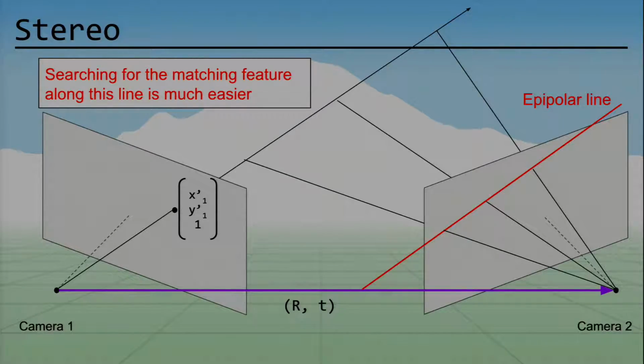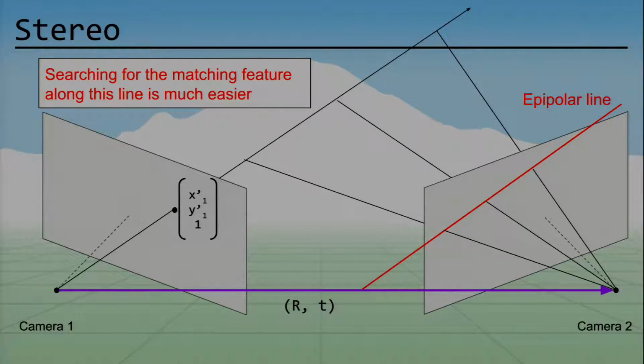One thing we know about this line is that any point along this ray, if we project it on this image plane, must then lie on this line, because this ray projected on the image plane is this line. So do we have any points that we know are on this line? Yes. This one?